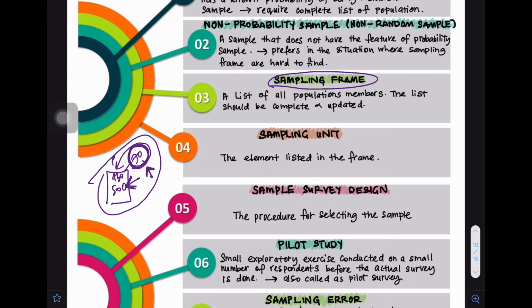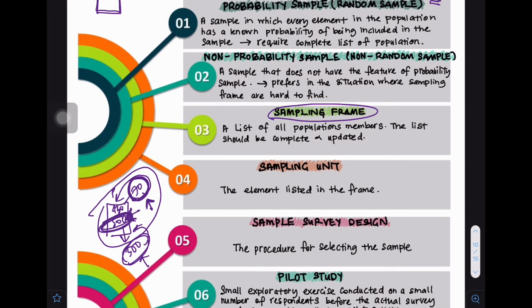So, what is sampling frame? Sampling frame adalah all the name of 500 ni, mesti list of all members in the population. So, itu adalah sampling frame. Okay. So, kalau kita dapat the sampling frame, all the name of the list, list of all members in the population, sample yang kita ambil daripada population ni adalah probability sample.